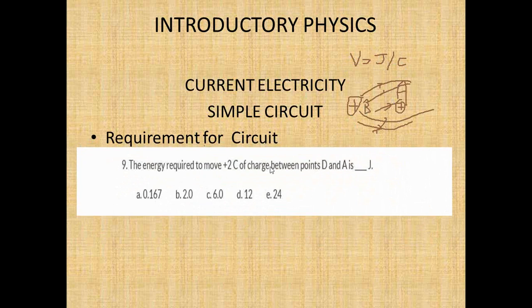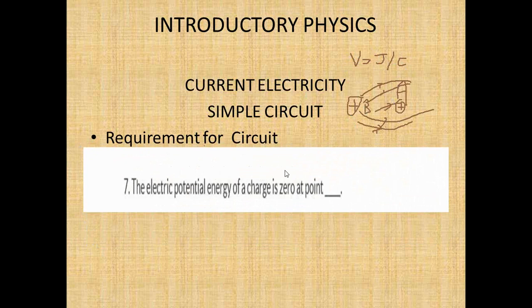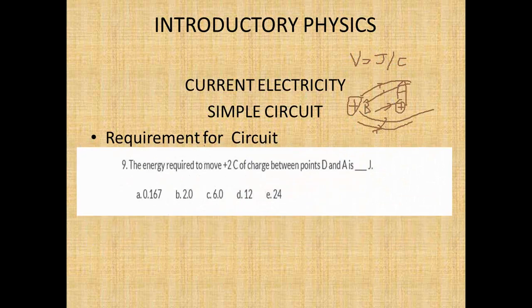So if you're going to move 2 coulombs, you have to move 12 volts. All you have to do is look at the equation, the energy that you're going to need to move 2 coulombs. So voltage is equal to joules per coulomb. In order for you to get the energy, which is joules, you just have to multiply the voltage by the coulomb.